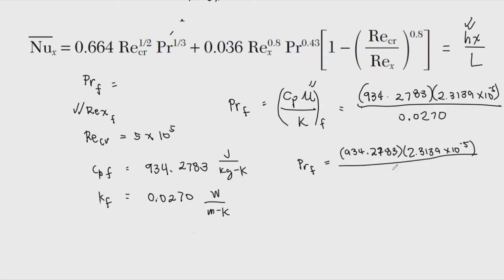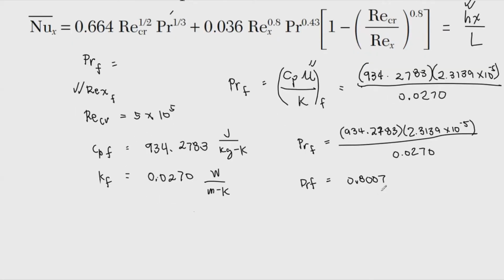When we divide this by the thermal conductivity, that is 0.0270, what we'll be getting is our Prandtl number at the film temperature. So we have 0.8007. So knowing all of these values, we already have the things that we need, so we can now proceed with substitution to our working equation.